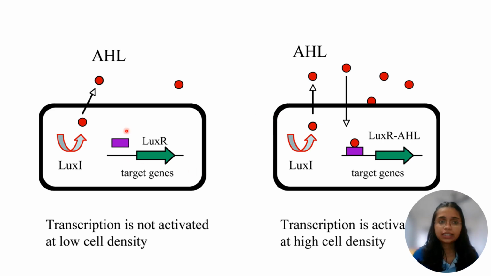So as we saw earlier, the LuxI enzyme synthesizes this AHL. As it can directly cross the membrane, it comes outside the cell, and when the concentration of this AHL increases and reaches its threshold, it can be detected by other bacteria, and it goes inside the cell and starts the transcription of targeted genes, which include a specific set of genes and also luxI.